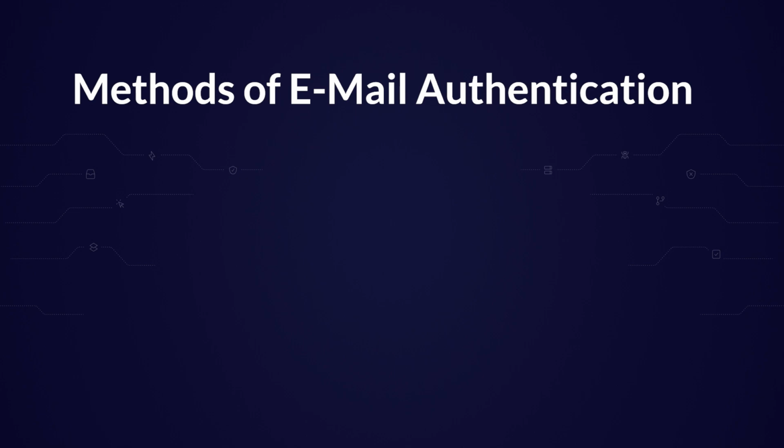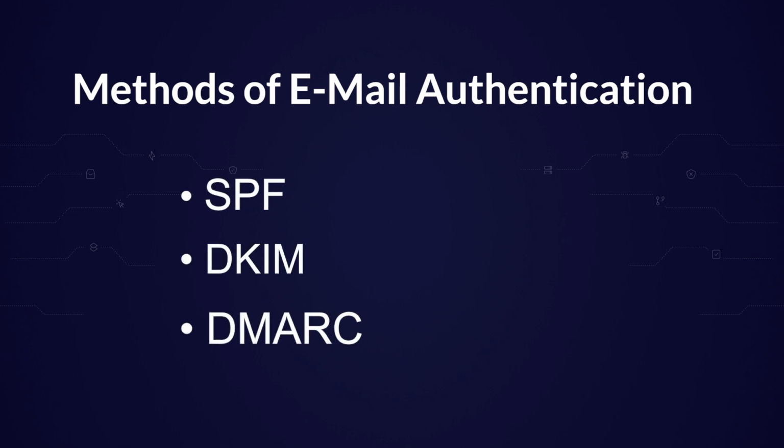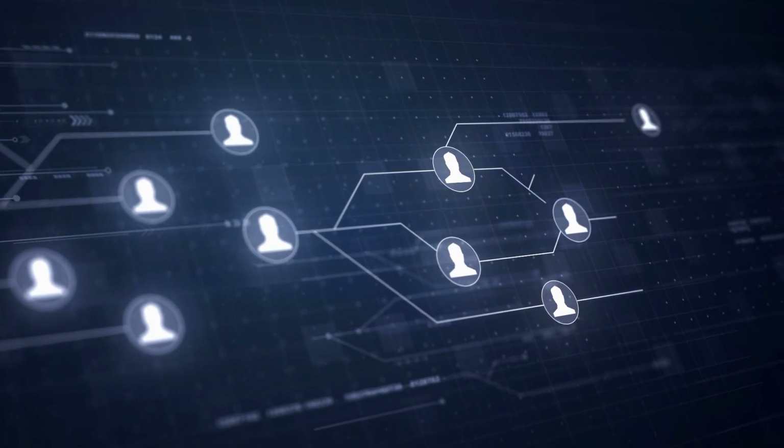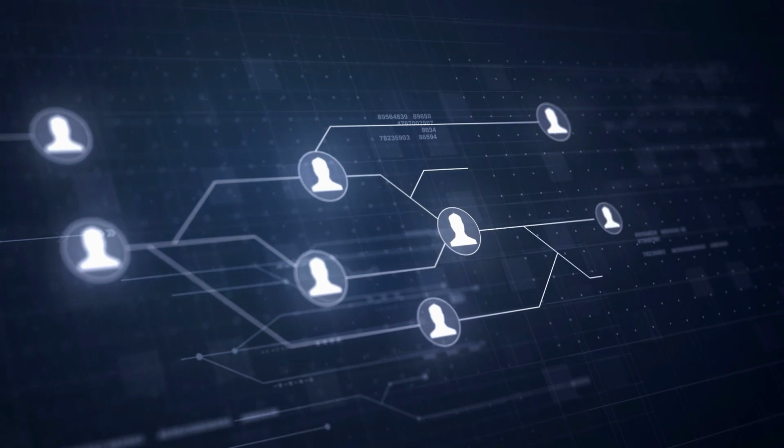There are different methods of email authentication, but the most widely adopted are SPF, DKIM, and DMARC. These are acronyms for the email security protocols that make sure that emails are being sent from the domain name they claim to be sent from, thus reducing the amount of spam that ends up in your inbox. They all work in a different way and have their own set of rules, but they all determine whether or not an email is genuine.